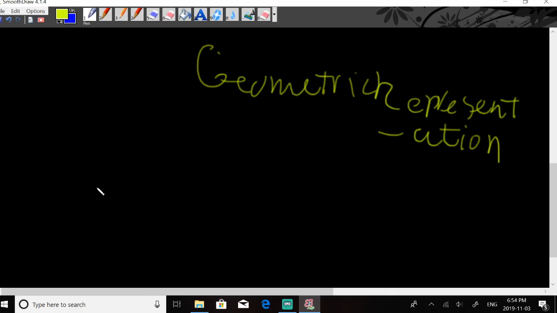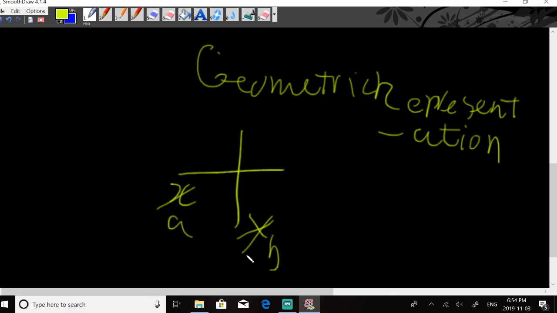When we represent complex numbers, however, we do not use the names x and y axis on the perpendicular lines forming the frame. So we don't use x and y, we just use a and b.